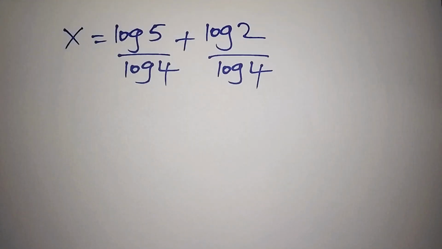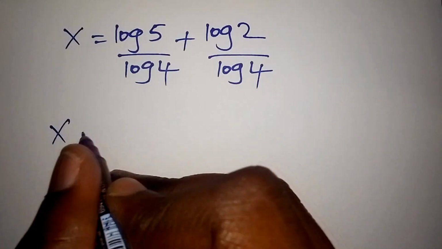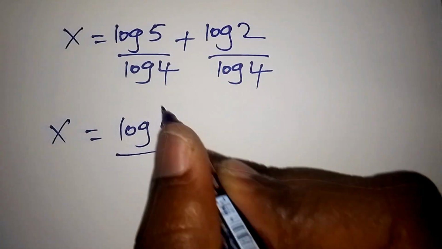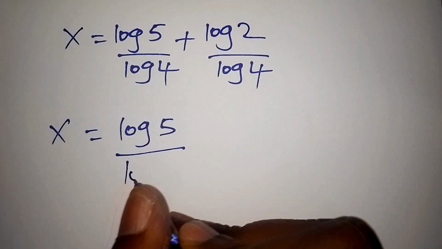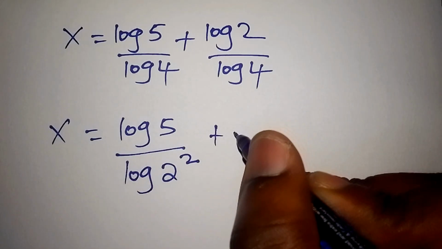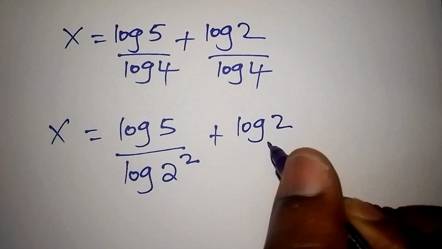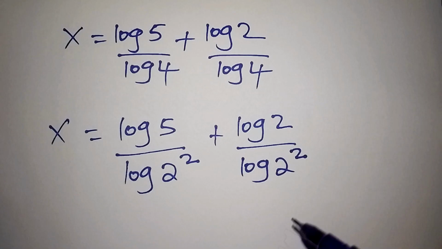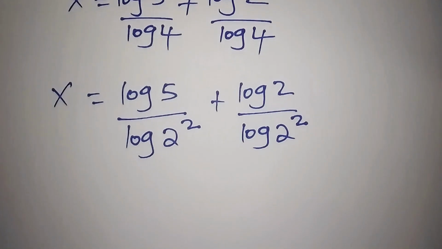We shall still write it by saying that the value for x is equal to log 5 all over, log 4 can be written as the log of 2 to the power of 2, plus the log of 2 all over the log of 2 to the power of 2. That is 2 multiplied by 2 is 4. That's why we are writing 2 to the power of 2.